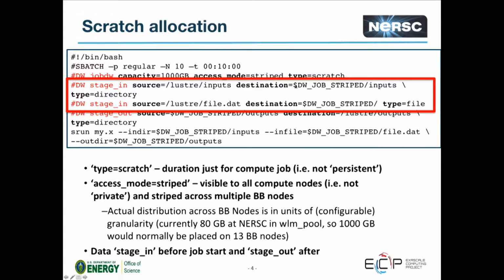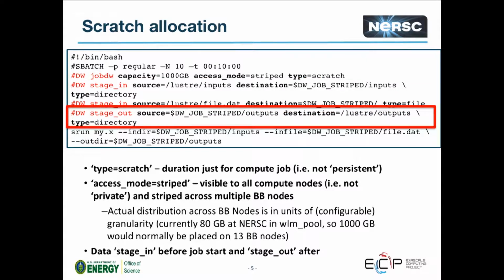Stage in is important because it allows you to copy some data on Lustre scratch to the burst buffer so that you can use your data there. Suppose your application needs some input, you will need this stage in command.